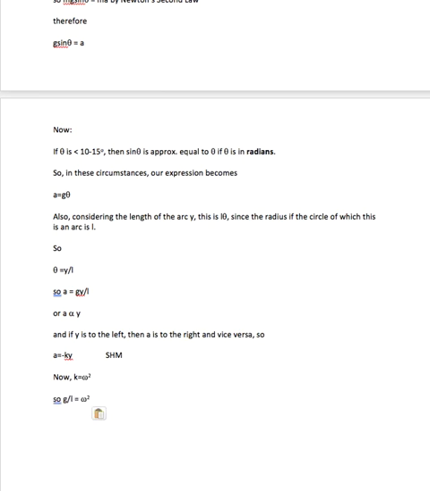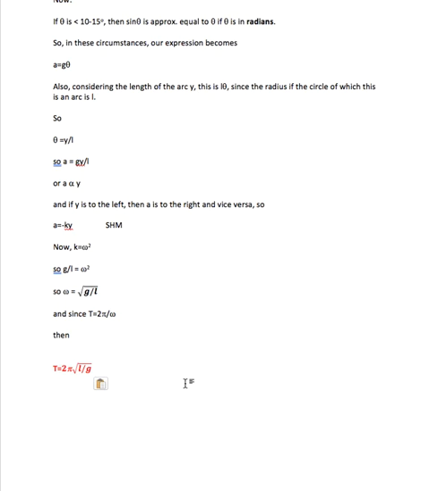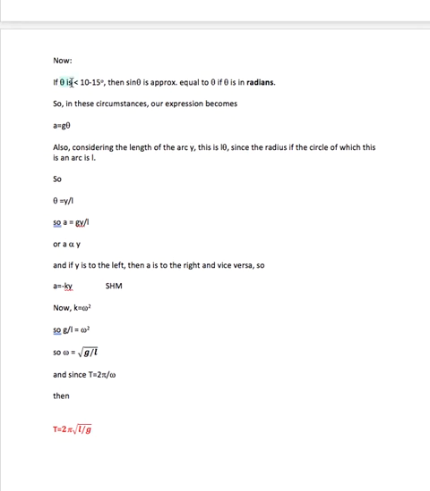So omega then is the square root of g over L. And since period is 2 pi over omega, we stick that in there. Then we have the expression, the period of a simple pendulum is 2 pi root L over g. And of course, that only applies when the angle is small. You're likely to be asked, under what conditions does a simple pendulum perform simple harmonic motion? And that is the condition, small angle.